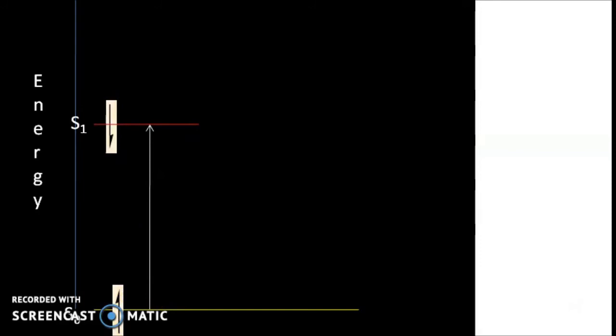It can even go to S2, S3, etc. Now, as soon as it goes to the singlet excited state, it can come down to the ground state. Okay, and this process wherein the excited state comes down to the ground state is called relaxation.